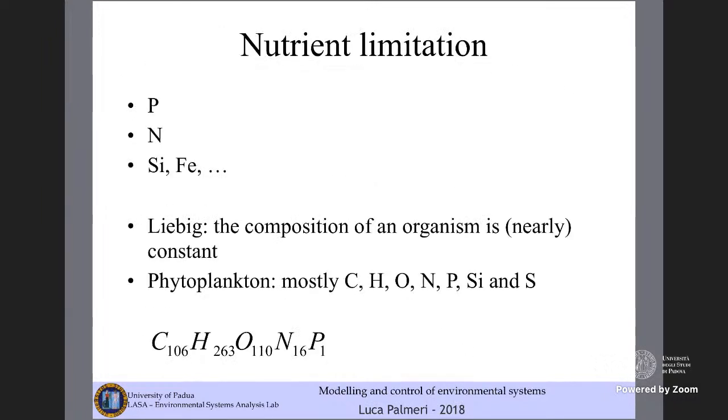We can do this because in general the composition of organisms is nearly constant, and because, as I told you, essentially the elements that are fundamental for phytoplankton growth are carbon, hydrogen, oxygen, nitrogen, phosphorus, silicates, and sulfur.